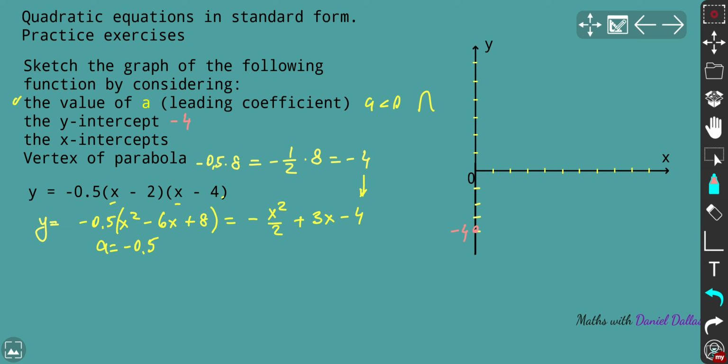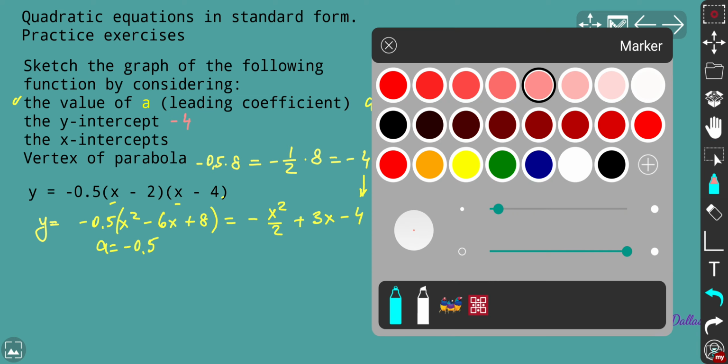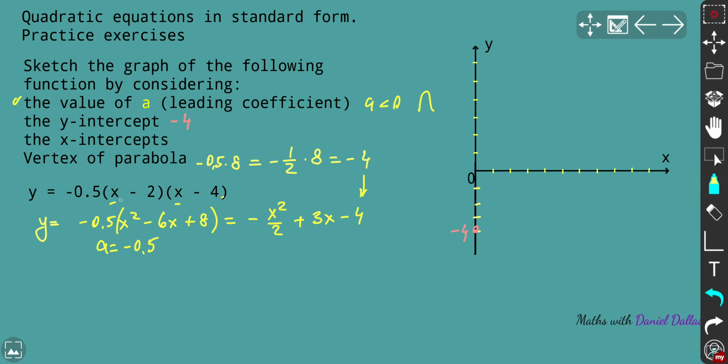And let's go to the last one. So the last one is already factorized, and this is the key advantage of the factorized form. From here, you can already equate y equals 0. So finally that gives us x minus 2 is 0, so that means x1 is 2.